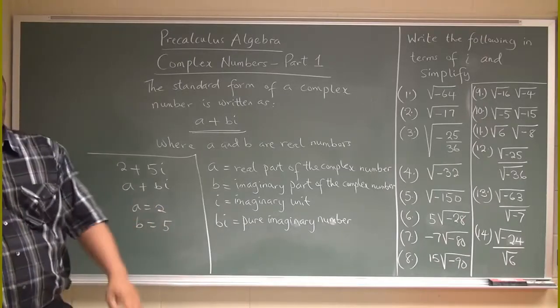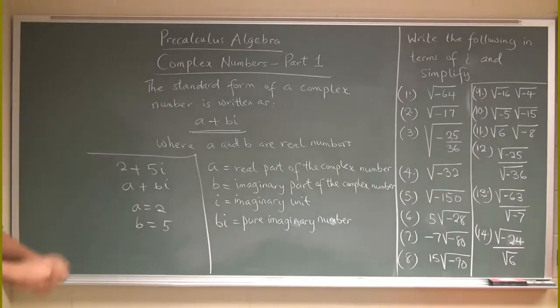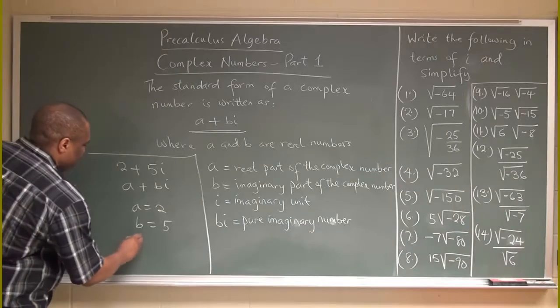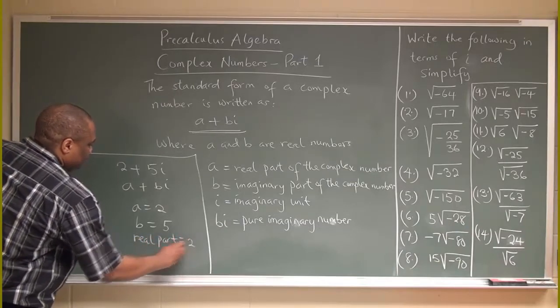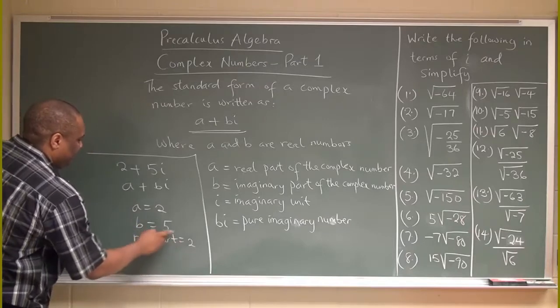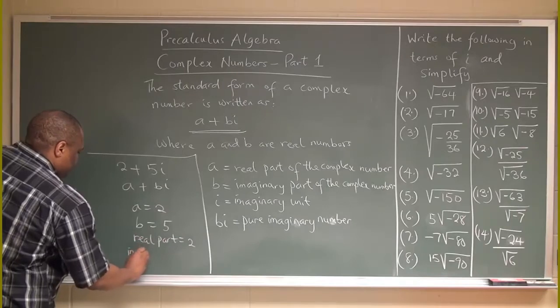So 2 and 5 are all real numbers, they are whole numbers. And then the real part, that is A, is 2, and the imaginary part B is 5.